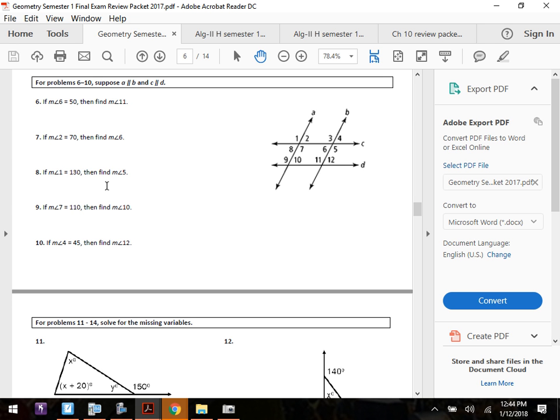If angle 7 is 110, angle 10 has to be 70. And then if 4 is 45, 12 has to be 45. So you're asking about which one? 6. If 6 is 50, 11 has to be 130.